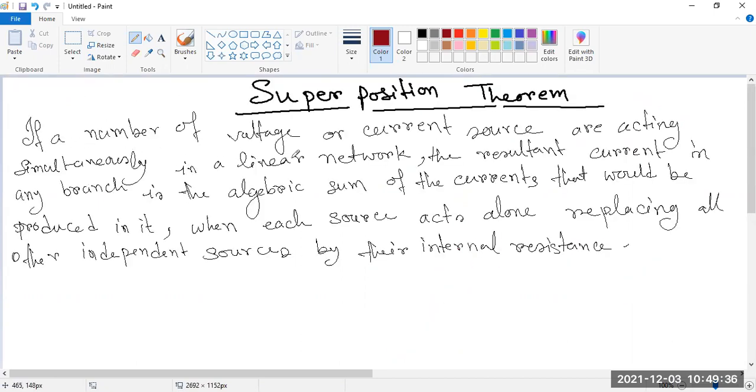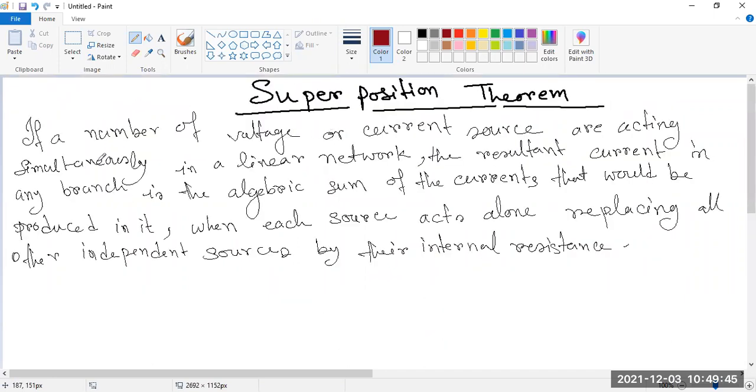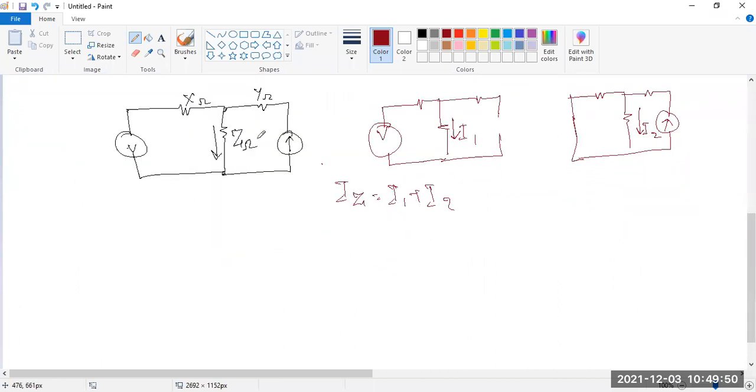If a number of voltage or current sources are acting simultaneously, look, this voltage source and this current source are acting simultaneously, in a linear network, meaning all components are generally resistances.